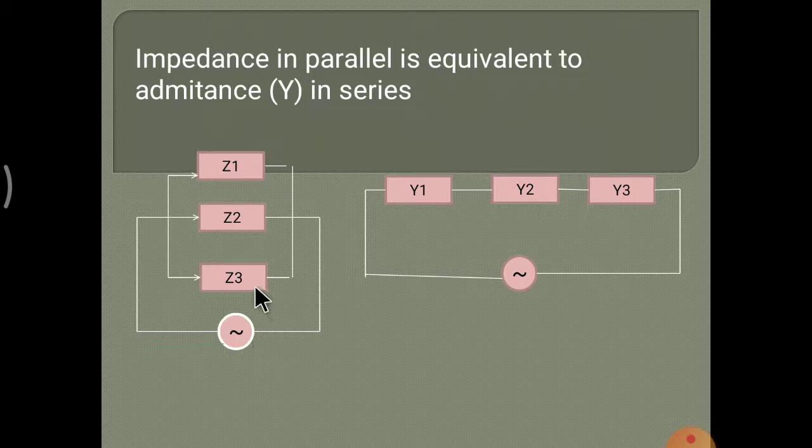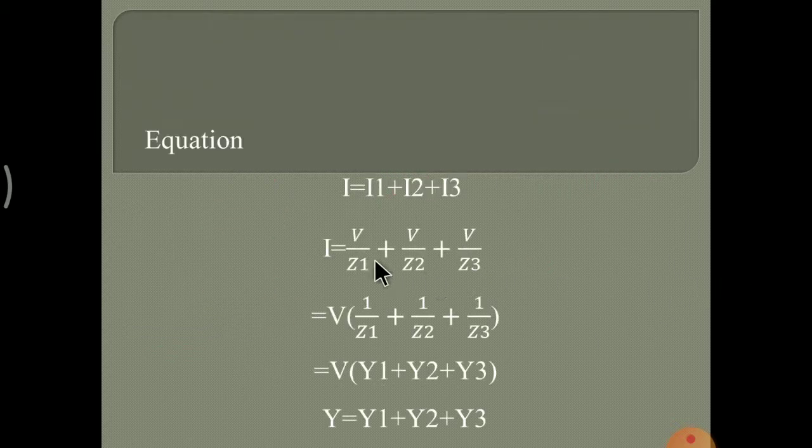And the current through Z3, I3, is equal to V divided by Z3. So I is equal to, in place of I1 we put V upon Z1, plus in place of I2 we put V upon Z2, and in place of I3 we put V upon Z3. Then take V common, and in the bracket remains 1 upon Z1 plus 1 upon Z2 plus 1 upon Z3.